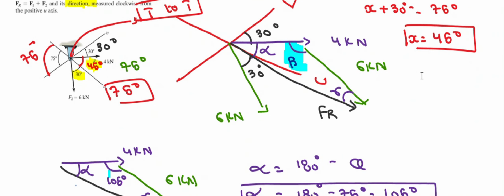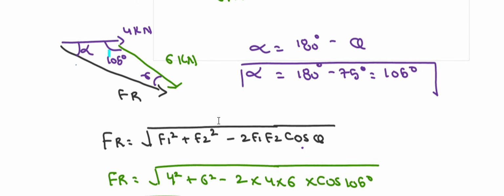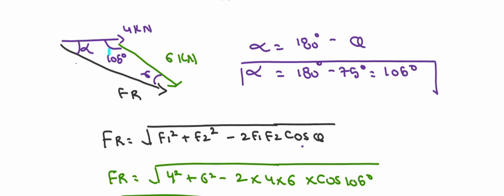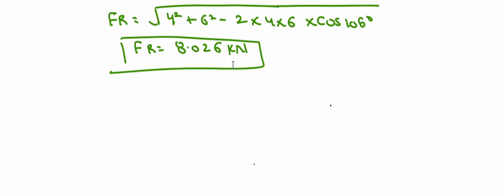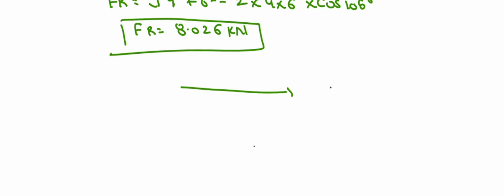And what about its direction? Now if you look carefully into the diagram, 45 degrees is basically the angle between the 4 kilonewton force and the u axis. This is basically your u axis. Now I draw the diagram here. This is 4 kilonewton, this is our 6 kilonewton force.